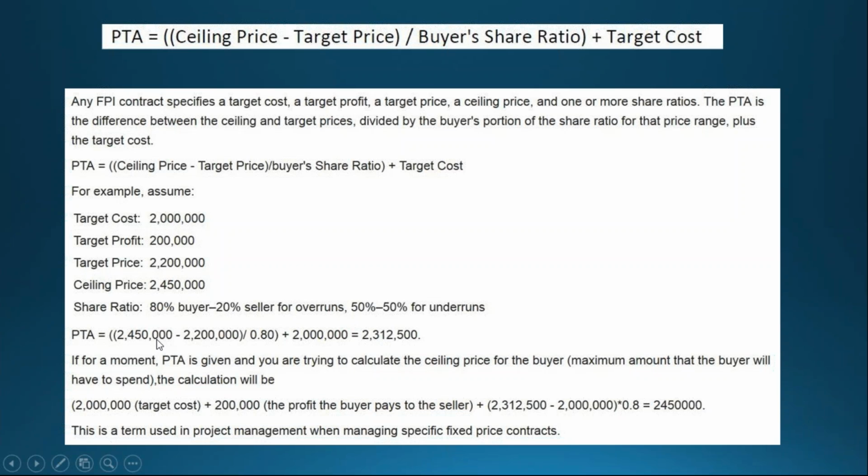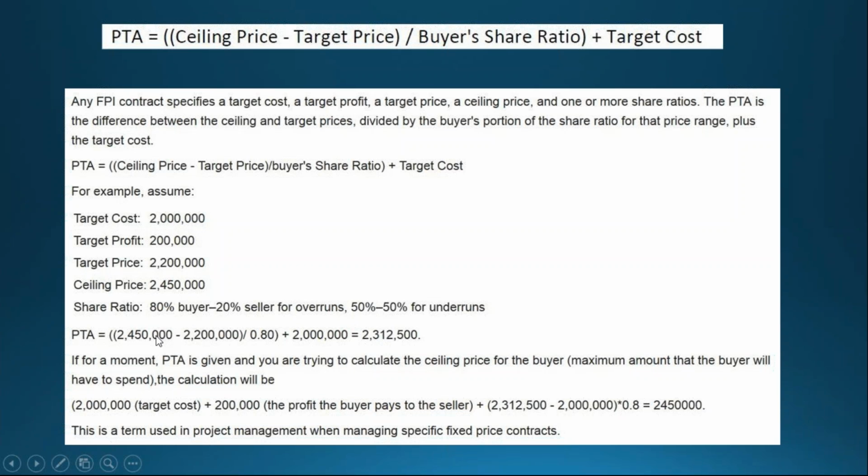Here's the formula in action. Okay, point of total assumption equals the ceiling price that was set at $2.45 million. That was probably set long before, back in budgeting. We're going to minus the target price. That's the combination of the target cost and its profit, right?